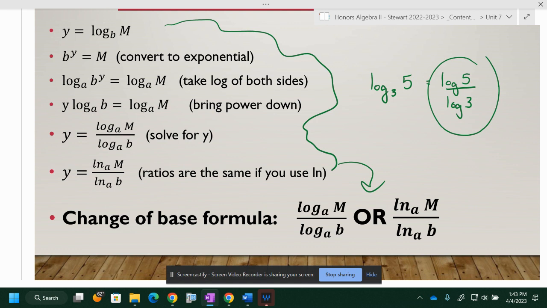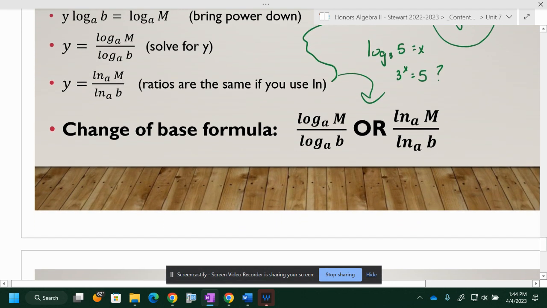So on the calculator section, when you see something and you're like, oh my gosh, I can't do it. Because look, just showing you this one because it is kind of a nice one. The log base 3 of 5, if you set this equal to x, 3 to the x is equal to 5. I don't know that. I don't expect you to know it. So we can use the change of base in order to plug it in our calculator and solve.